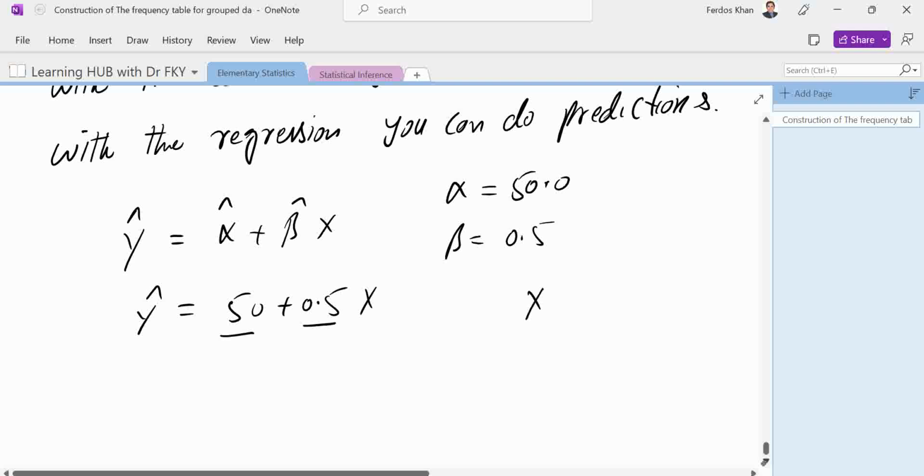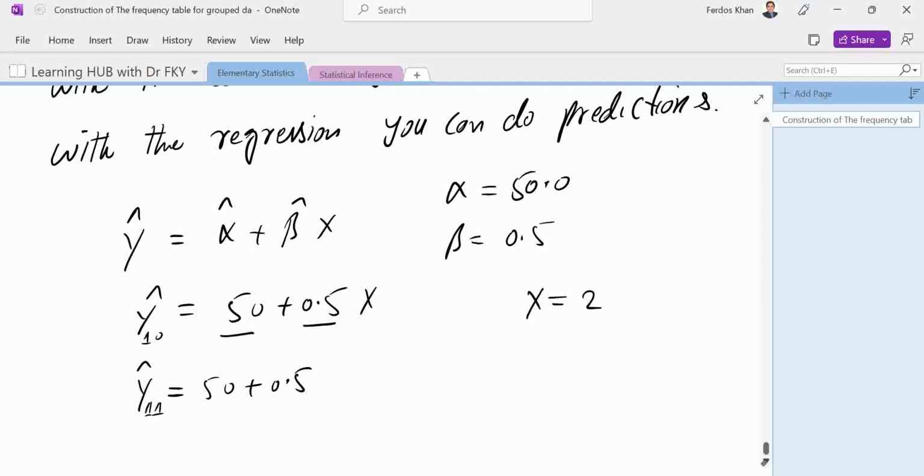If you have the value of x, which is called the independent variable, suppose this is 2, you can predict the next value. So this value is equal to 50 plus 0.5 multiplied by 2. This is equal to 51. So you can do prediction with the regression.